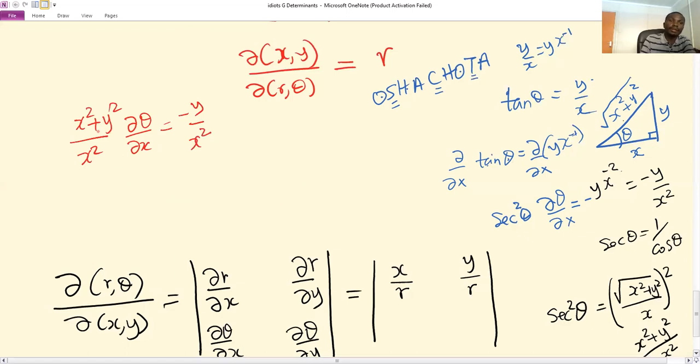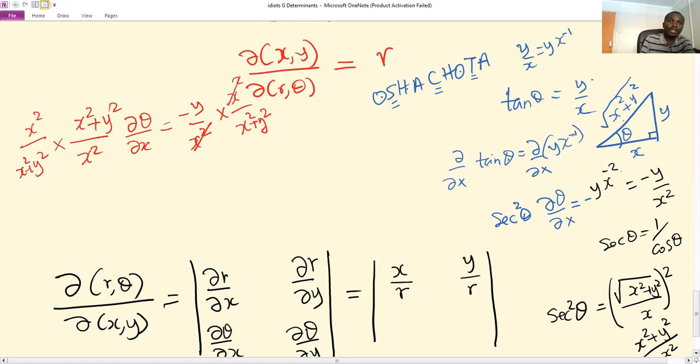And remember, x squared plus y squared is r squared. So I multiply both sides by x squared over x squared plus y squared.